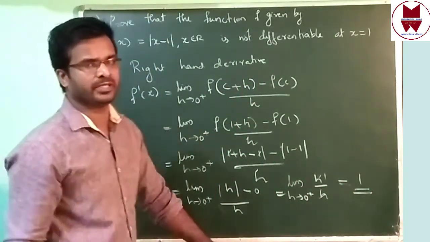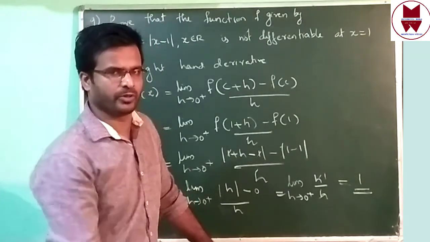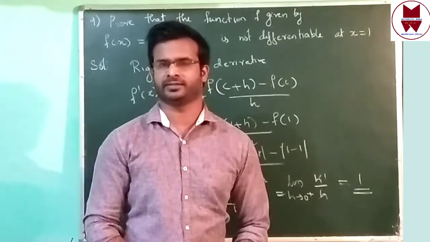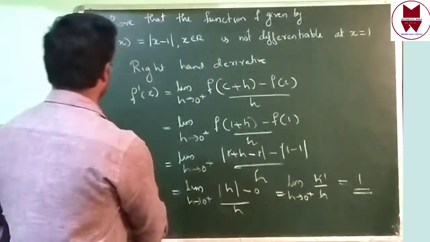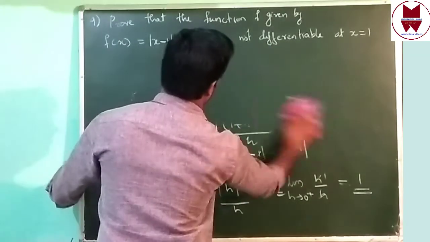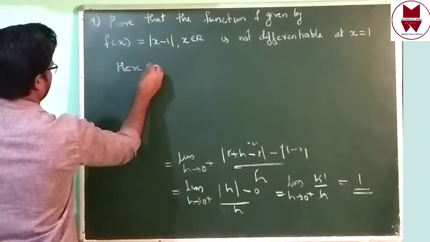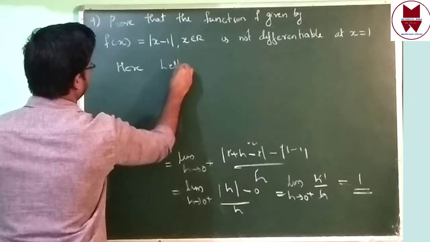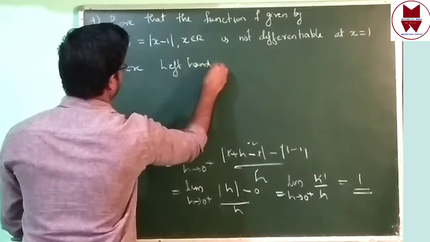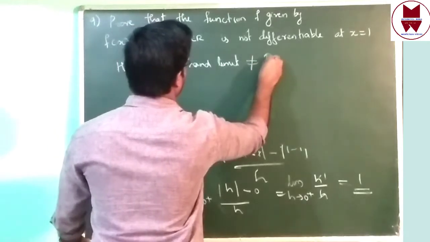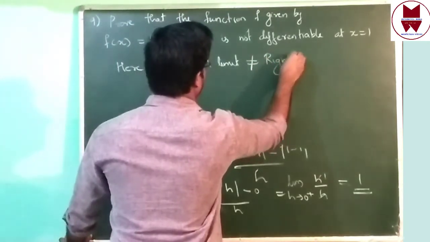Now the left hand limit we already got, that is minus 1. Then the right hand limit is 1. The answers are not equal, isn't it? You can write here: left hand limit is not equal to right hand limit.